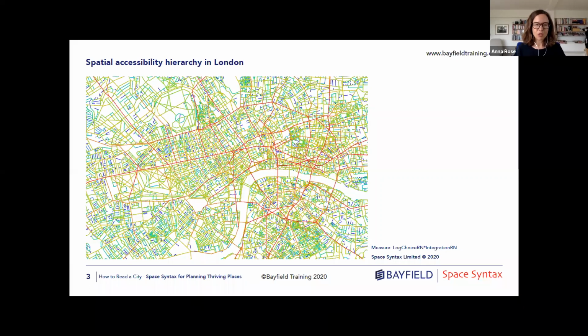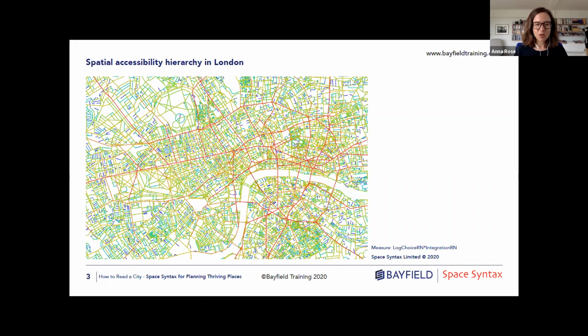And the structure which emerges from this algorithm is something we see in almost every well-established urban system. So in the case of London, you can see this very well. You have what we call a foreground network. It's almost like a spider web of the primary connections, the very continuous alignments which connect the outside of the city with the center, and they're all connected with each other, the main alignments.